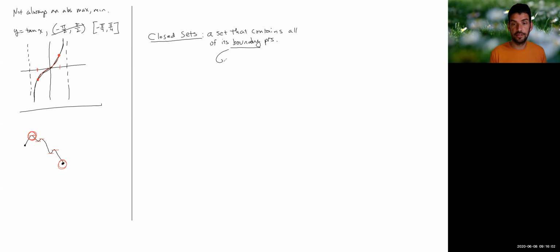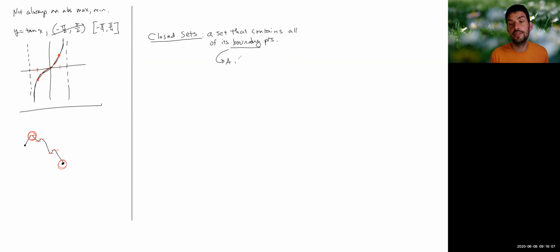So instead of closed intervals, we need to talk about closed sets, okay? So a closed set, let's just start with the definition and then we'll see what this means. The definition we'll use is just a set that contains all of its boundary points. Okay. What is a boundary point?